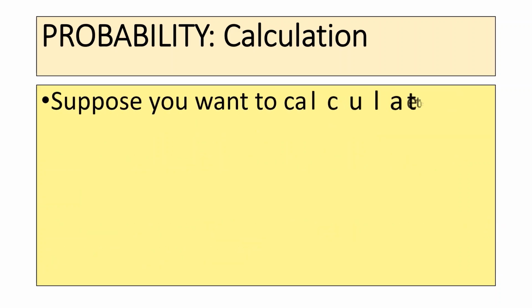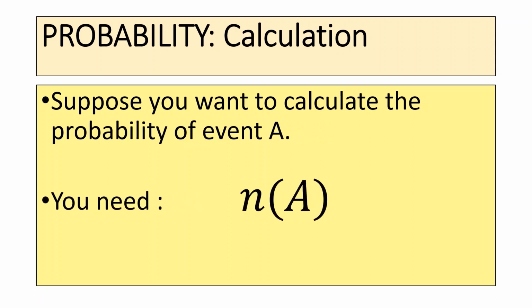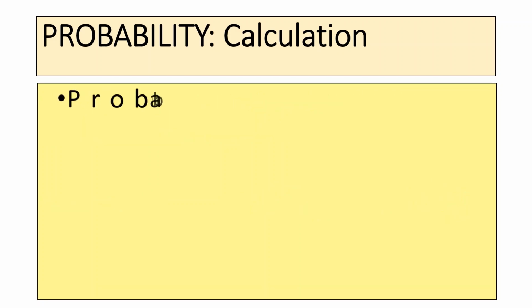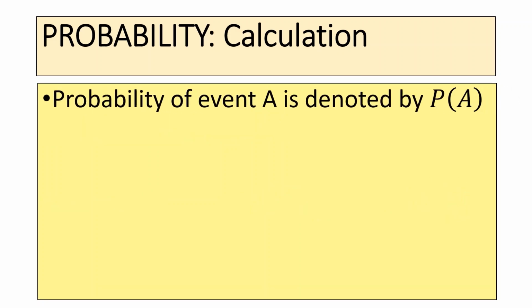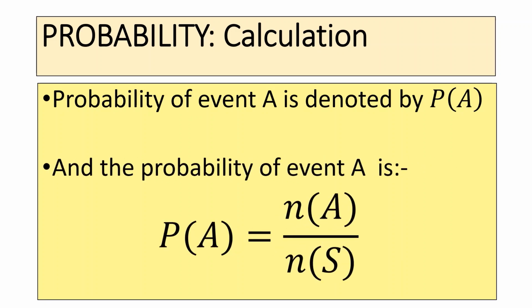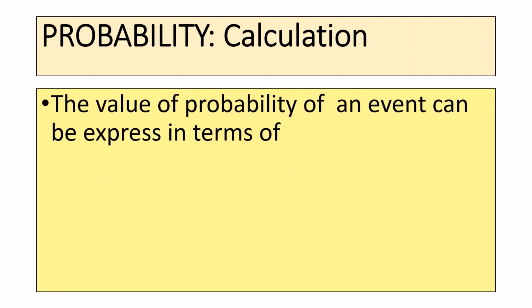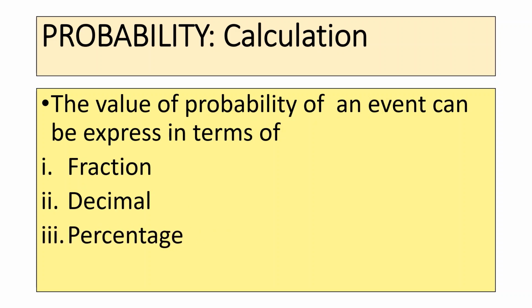Suppose you want to calculate the probability of event A. You need to know N of A and N of S. Probability of event A is denoted by P of A. And the probability of event A is P of A equals N of A divided by N of S. The value of probability of an event can be expressed in terms of 1, fraction, 2, decimal, 3, percentage.